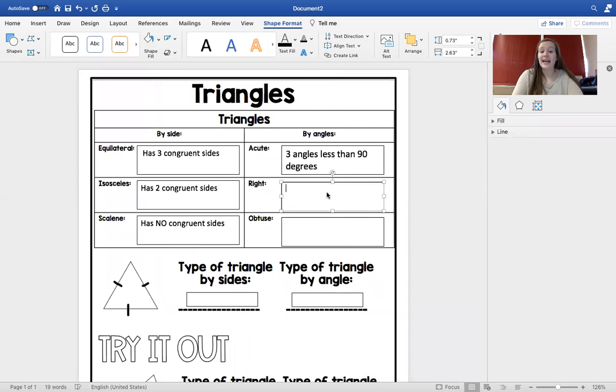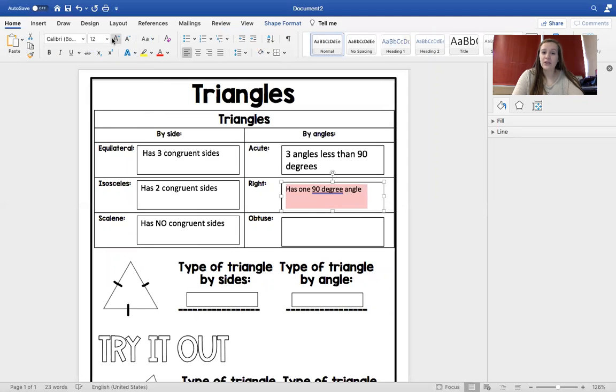If you have a right triangle, it has one 90-degree angle. One 90-degree angle. Do you know how you can tell if it is a 90-degree angle? That's right, guys. It has that little square in the corner, and I'll show you in just 1 second.